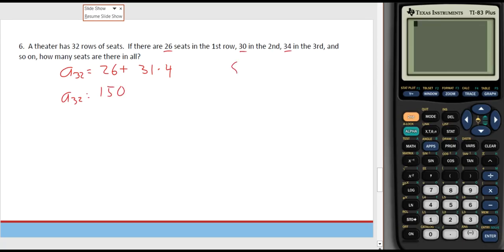I would then find my sum of the 32 rows is equal to 32 over 2 times 26 plus 150, right? First row, last row. Plugging that into the calculator, 32 divided by 2 is 16, times 26 plus 150.